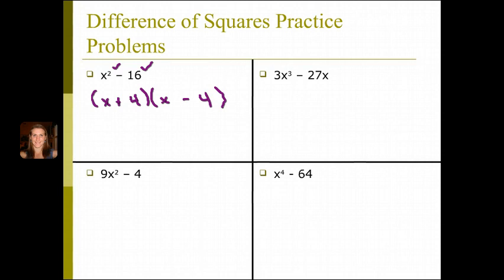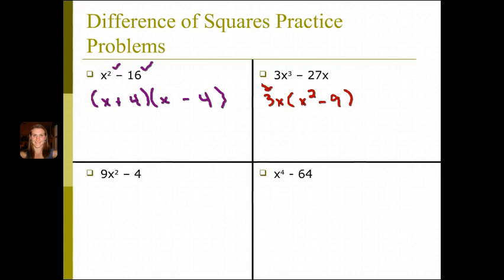On our next example, if you look to the right, we need to factor out our greatest common factor. The greatest common factor between 3x cubed and negative 27x is 3x. Our leftover factor is going to be x squared minus 9. For now, we're going to ignore the 3x.